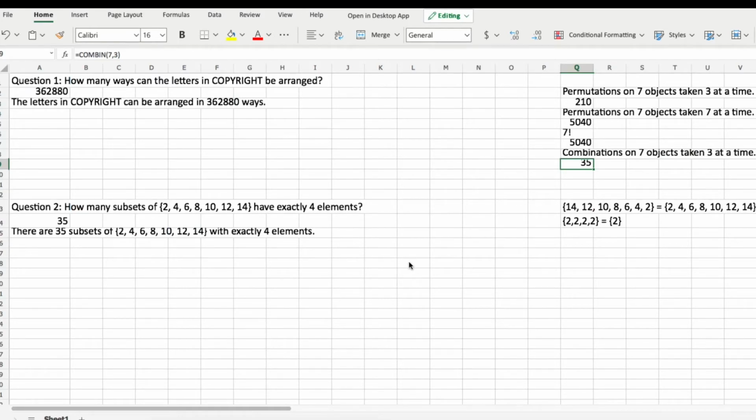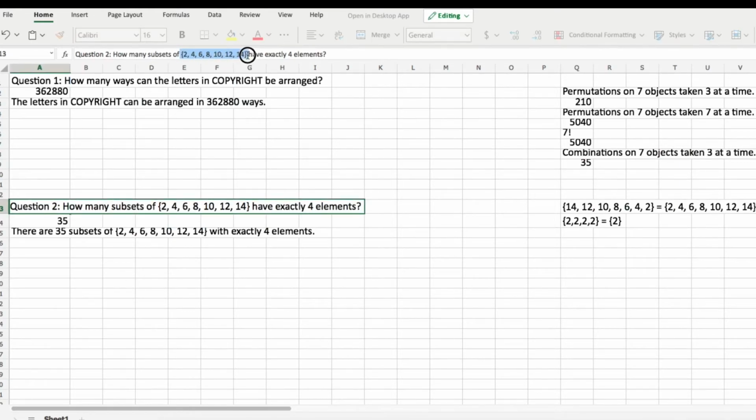If I were to take the 4 elements that I have that form a subset and put them separate, then there would be 3 leftover elements, and so those form their own subset. So for example, if I were to look at 2, 4, 6, and 8 as my 4 elements, my subset, then 10, 12, and 14 will be the elements that are left over.